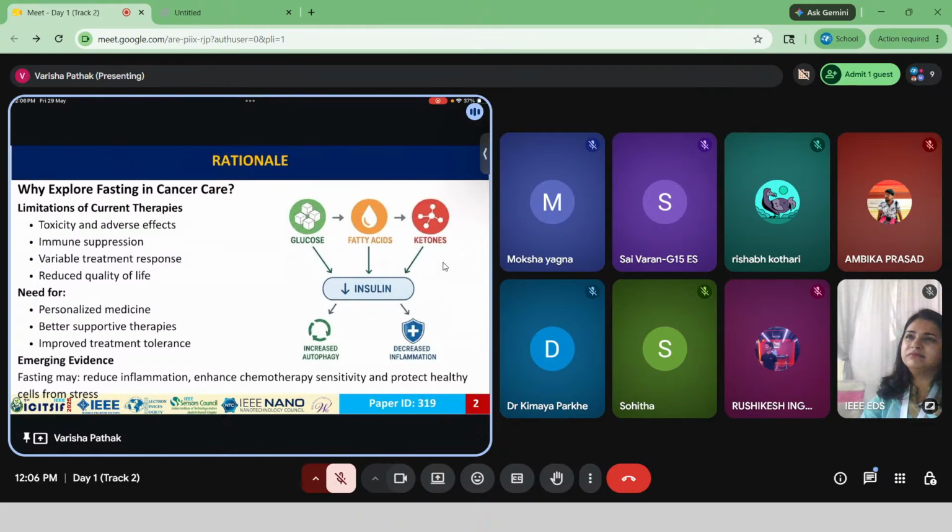The rationale behind this topic comes from the limitations of current cancer therapies. Many patients experience severe adverse effects, immune suppression, and variable therapeutic responses. This creates a need for supportive strategies that are more personalized and metabolically targeted.